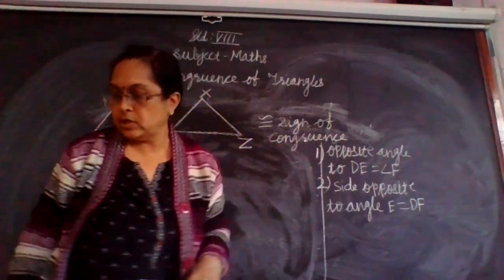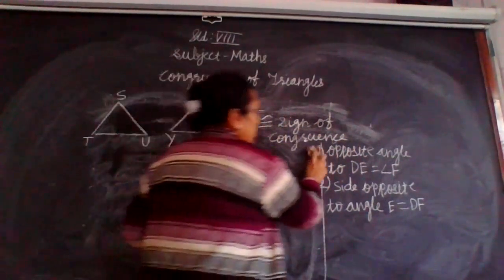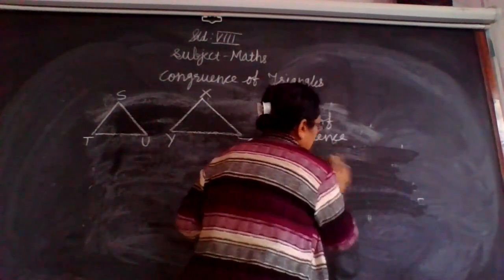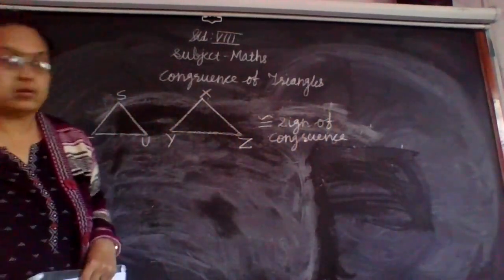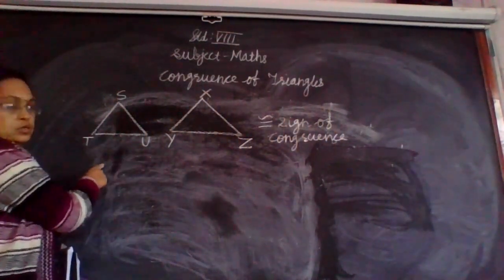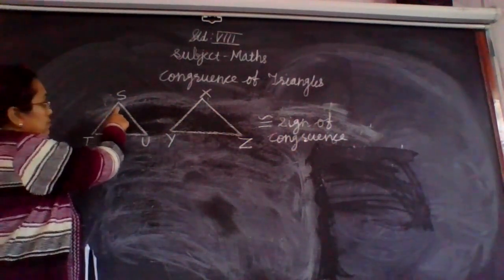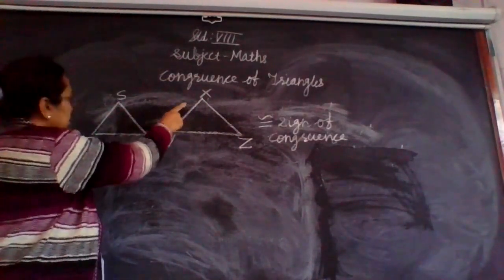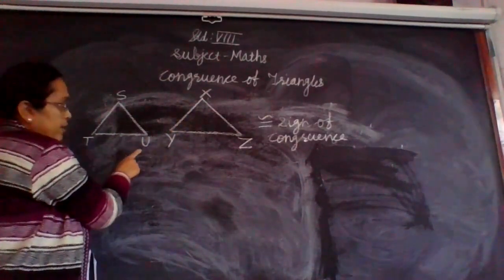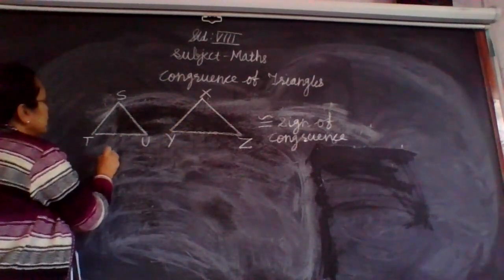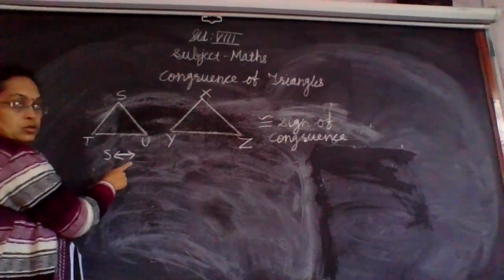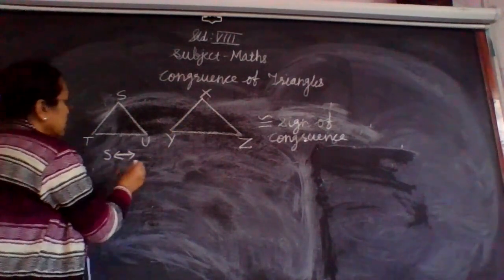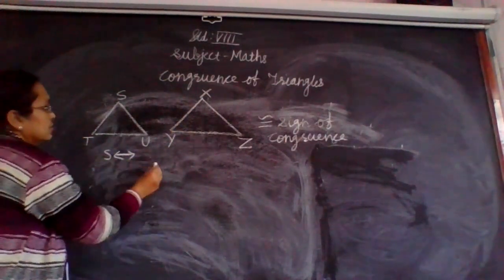Before that, what do you mean by correspondence? When we are seeing these two figures, vertex S of triangle STU is coinciding with X, T is coinciding with Y, and U is coinciding with Z. A line having both the arrows is called the sign of correspondence.